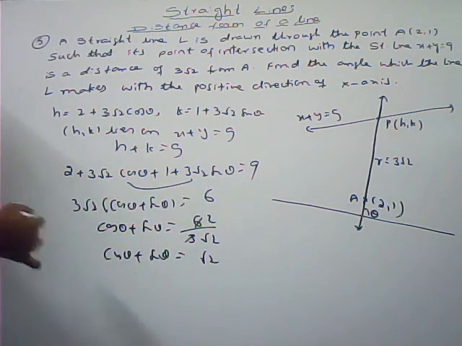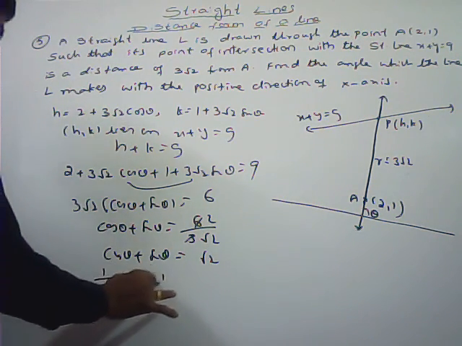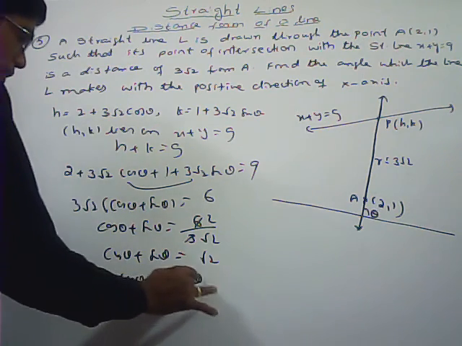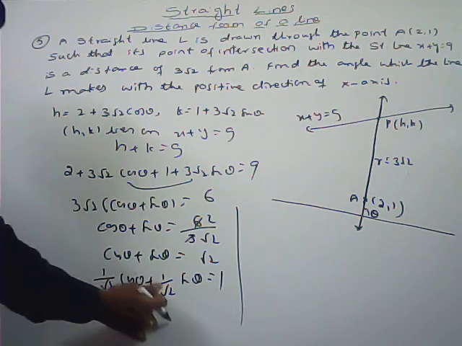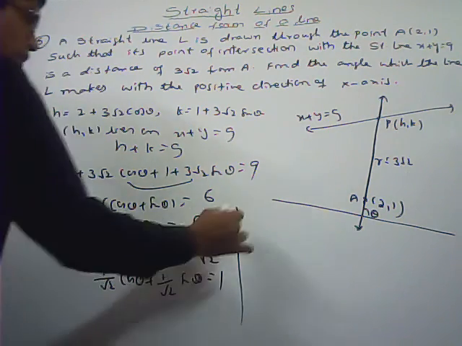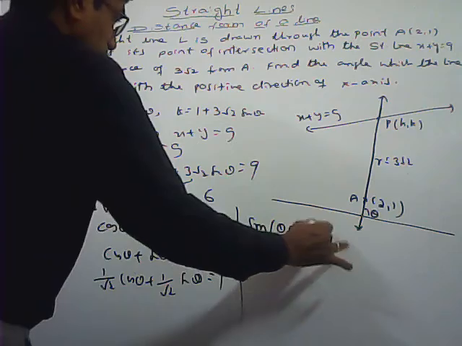Otherwise if I divide by root 2, 1 by root 2 cos theta plus 1 by root 2 sin theta is equal to 1. So this one we can write as sin of a plus b: sin theta sin 45 plus cos theta cos 45, that is sin of theta plus pi by 4, equal to 1.